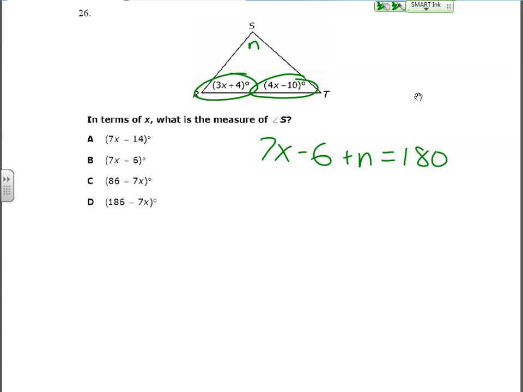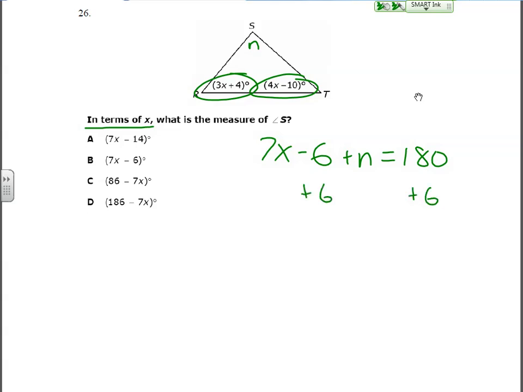And what we're looking for here is in terms of x, which means we want to get N by itself. And our measure of the angle is going to have an x in there. So what are we going to do to this equation to get N by itself? Isolate N. Julia?